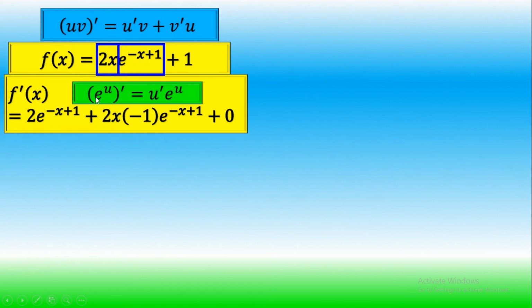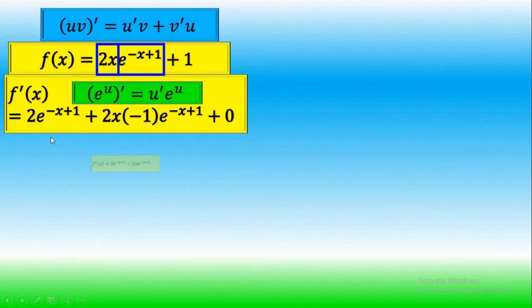The derivative for exponential u, isn't it u prime e to the u? Well, here u is minus x plus 1. What's the derivative of minus x plus 1? Isn't it minus 1? Well, so it's minus 1, e to the u, we copy it exponential minus x plus 1 the same. Sure, plus 0, the derivative of 1 is 0.